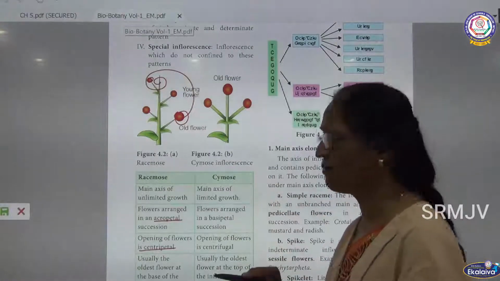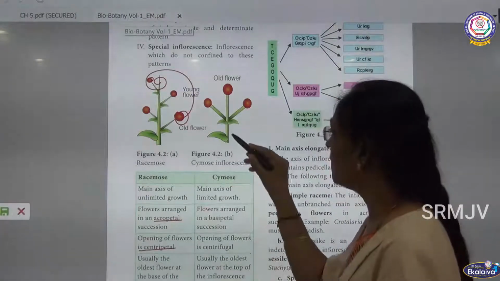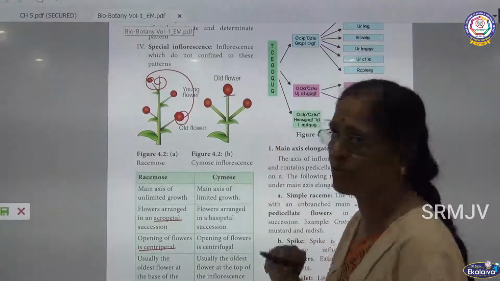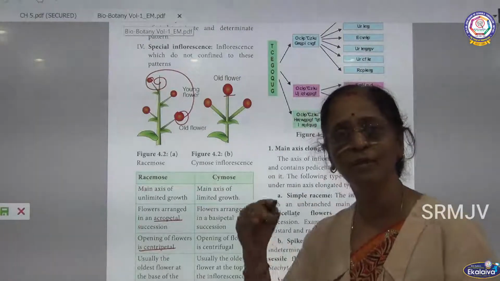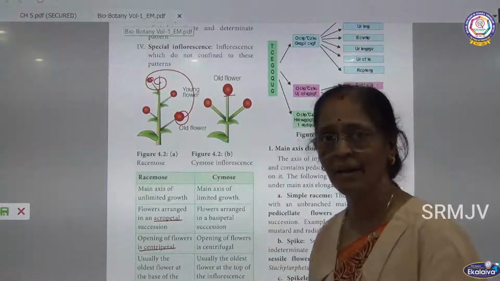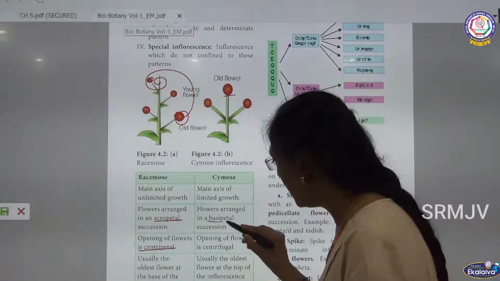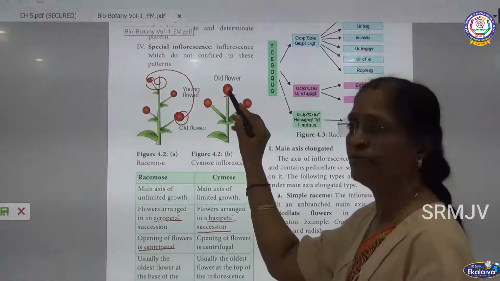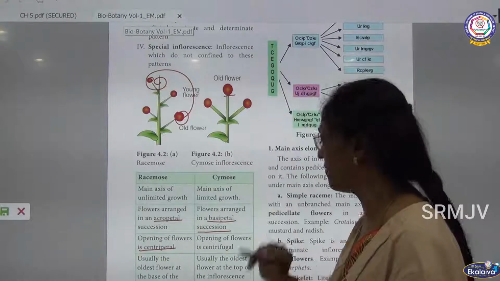And in cymose inflorescence, you will find that this main axis has a limited growth because the flower is there at the tip here, so there is no further growth. So it is of limited growth, and the flowers are arranged in a basipetal succession. That is, this is the older flower and these are the younger flowers.